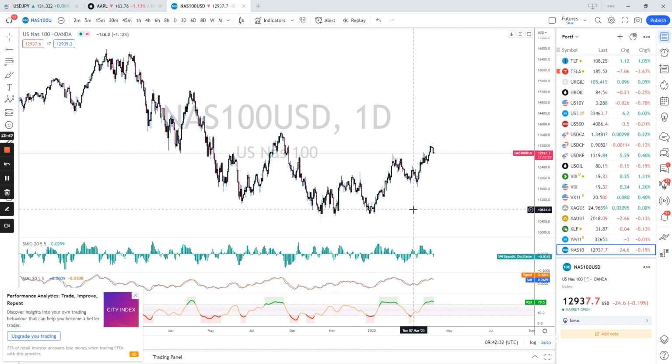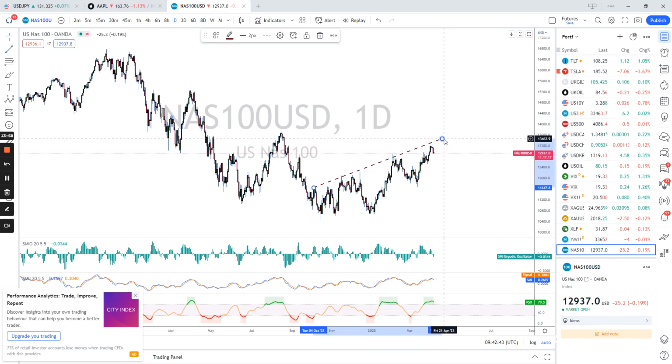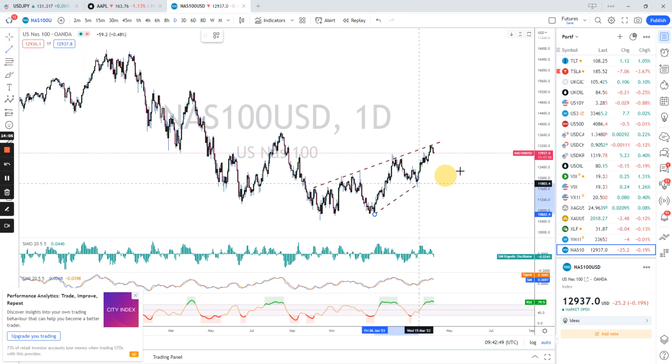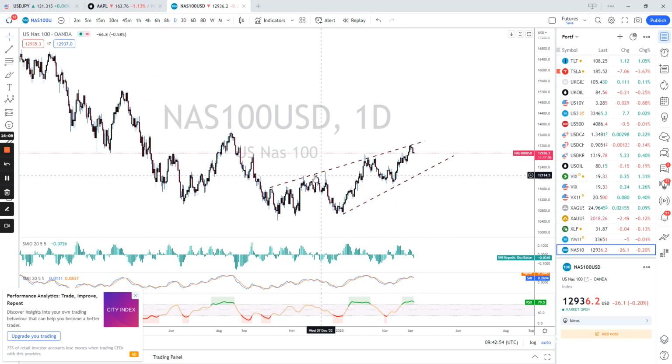With the Nasdaq is a similar situation. The only thing is that the triangle here is not so visible, but we have a wedge, which is also a consolidation formation, and this wedge is also properly formed and properly set for a breakout, either higher or lower.